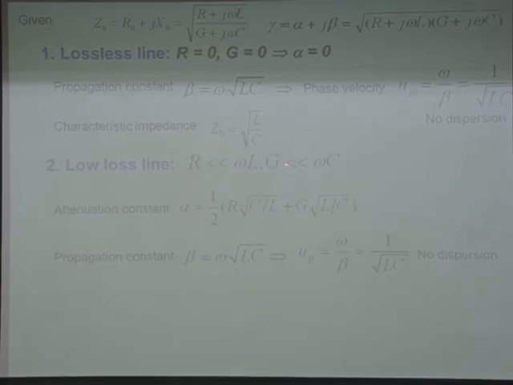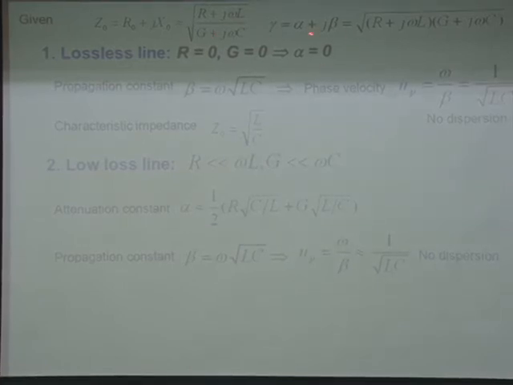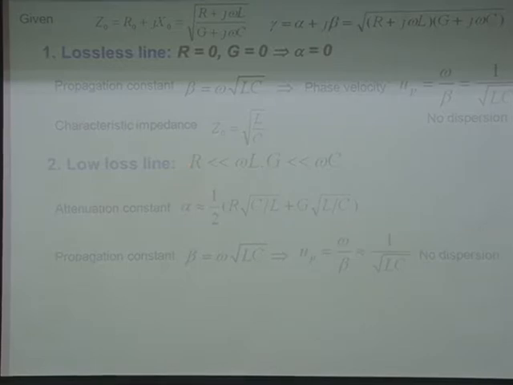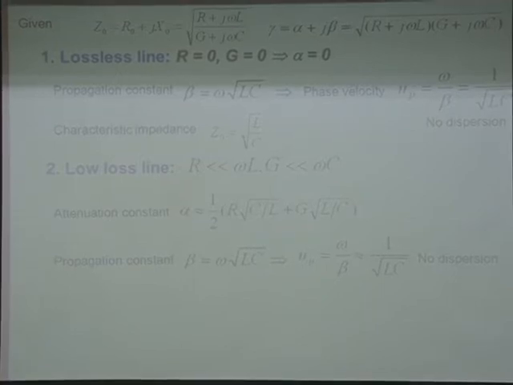Suppose that your loss is quite small compared with the inductance and capacitance. Then you can do a Taylor expansion of gamma. 因为这个远小于这个，所以你把这个从根号拿出来之后，可以做一个 Taylor 展开式. With Taylor expansion, you can calculate some finite attenuation constant, because if you just use copper as your transmission line, there's always some small loss over some distance.